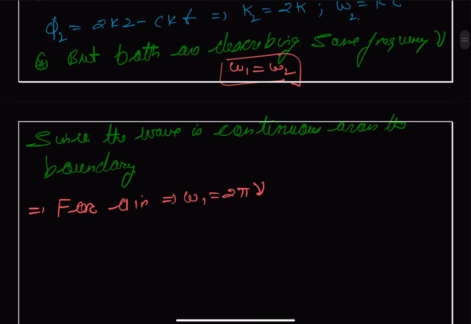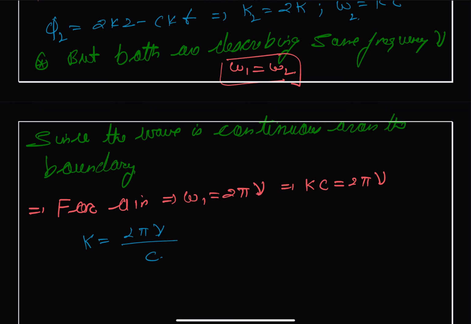Therefore, in place of omega 1 we can write omega 2, and omega 2 is equal to our kc. Therefore, k multiplied by c is equal to 2 pi nu, and this gives us that the value of k is equal to 2 pi nu divided by c.